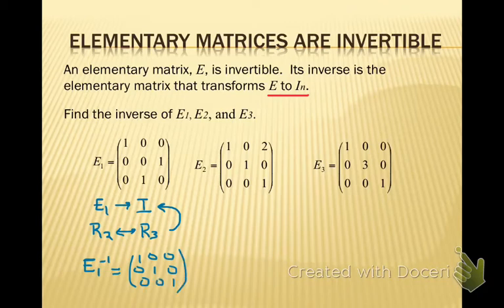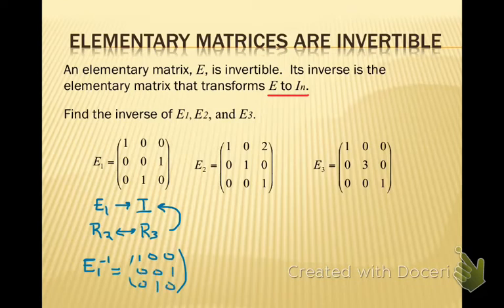Oh, I'm sorry, we have an error here. Again, it's an interchange of rows 2 and 3, so that should be 0, 1, 0. Oops, sorry. I'm supposed to be doing this on the identity. I'm doing it on the wrong matrix. So we get 0, 0, 1, 0, 1, 0.